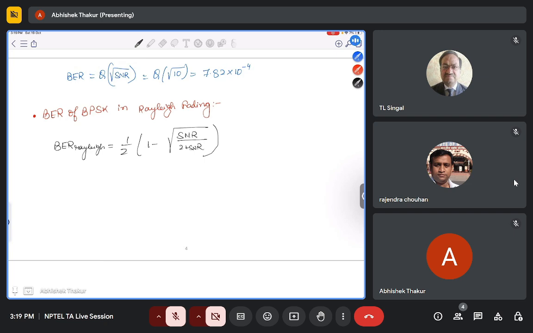So for the same question, let's suppose we have to find the bit error rate of BPSK over Rayleigh fading.